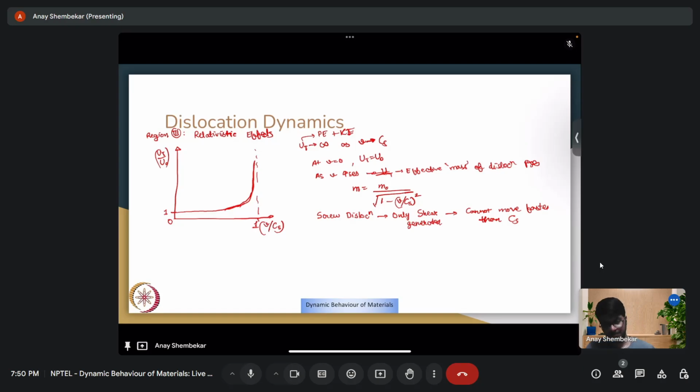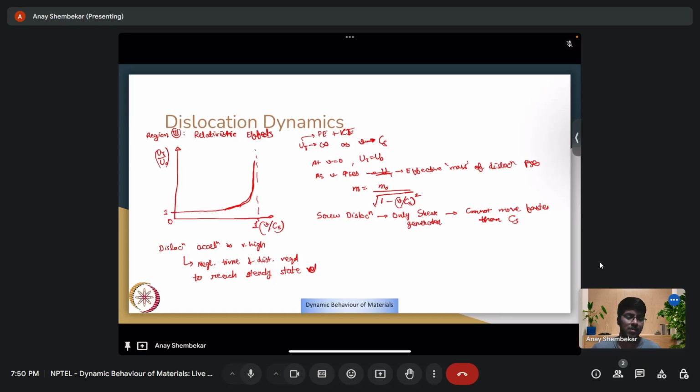One more important point is that the dislocation acceleration is very high, which means that negligible time and distance are required to reach steady state velocity. What do I mean by negligible time and distance?